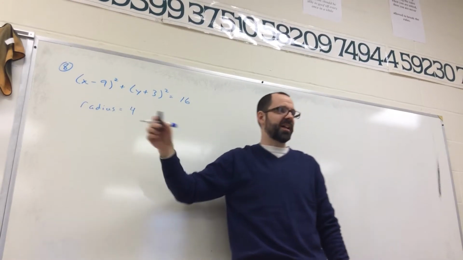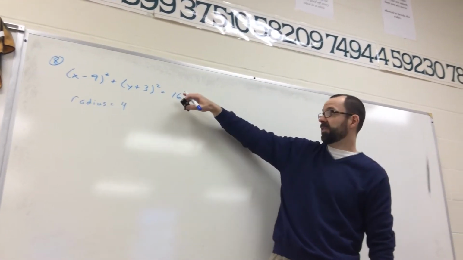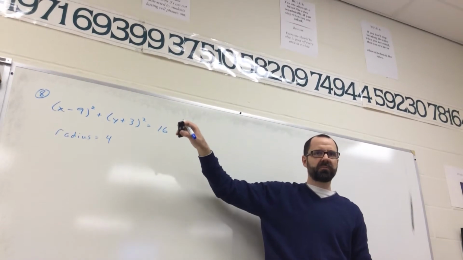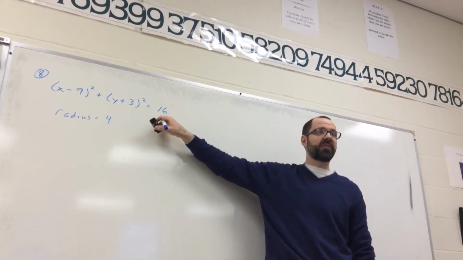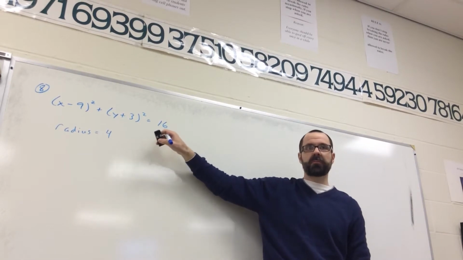Okay, so one of the questions they asked is, what is the radius? They gave you this template, and they gave you this equation. They said, what's the radius? The radius is 4 because they already figured out the 4 squared was 16.